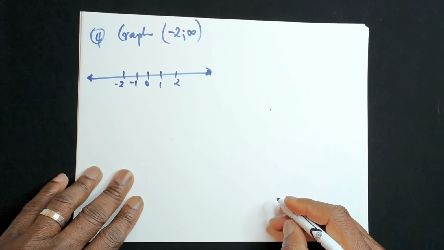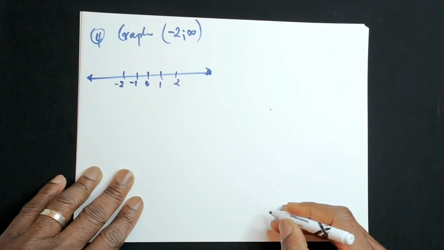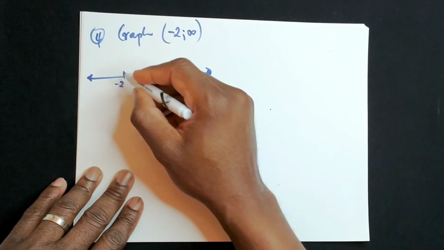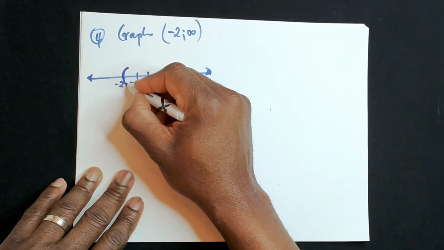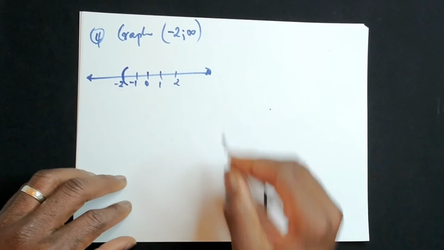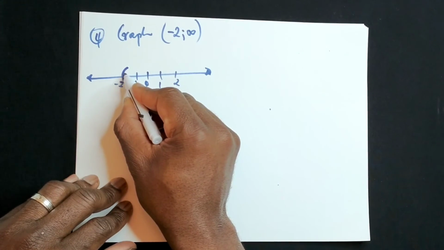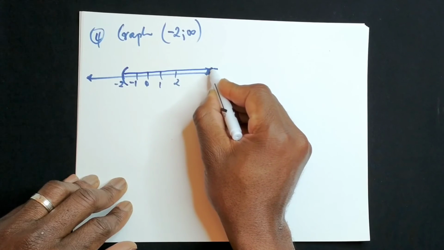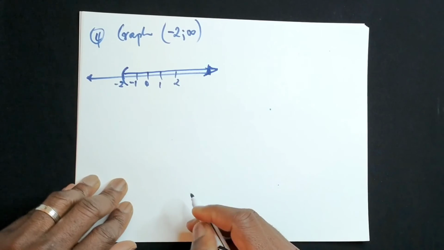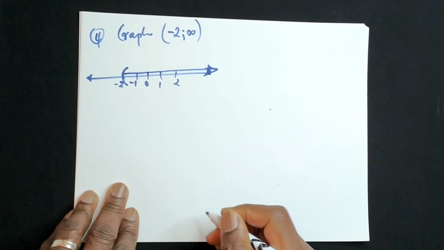So we have minus 2 to infinity, so it will be at minus 2, open, to the infinity. So this will be our solution. That's the solution, easy as that.